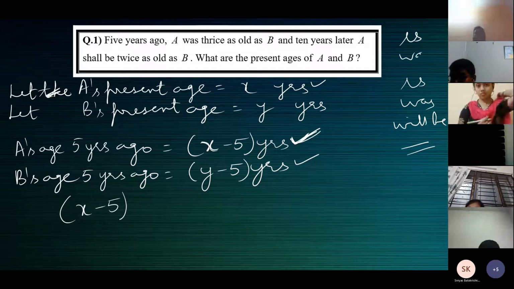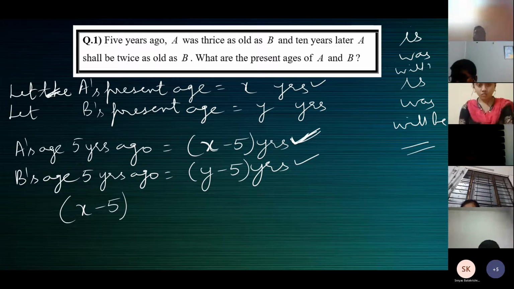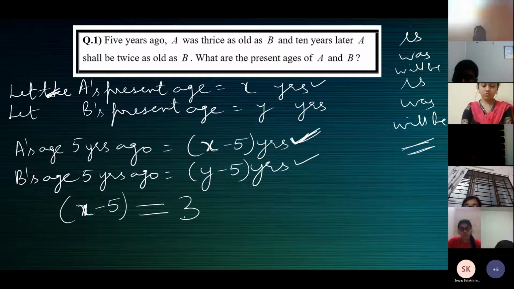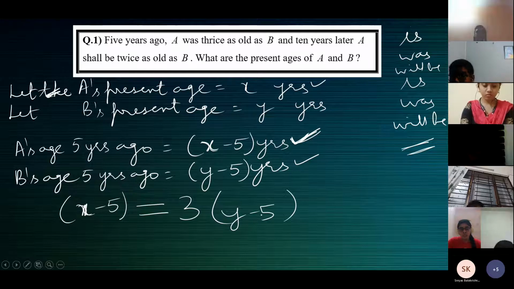So A was, meaning A is X minus 5, was equal to thrice as old as B. What is B? Y minus 5. Finished. Everything is there in words. You just have to substitute the relevant variable or expression. That's all. See, I'll do it again.